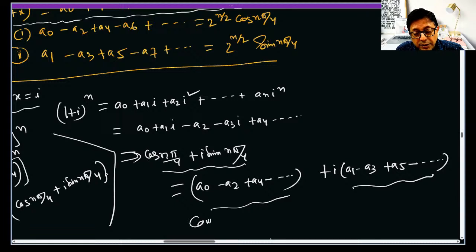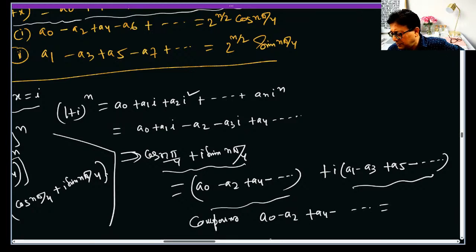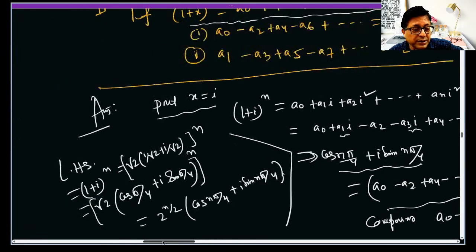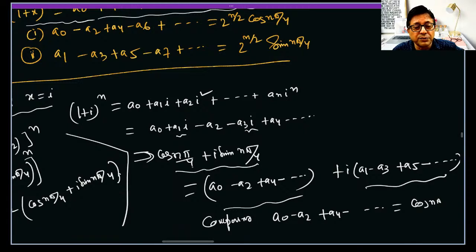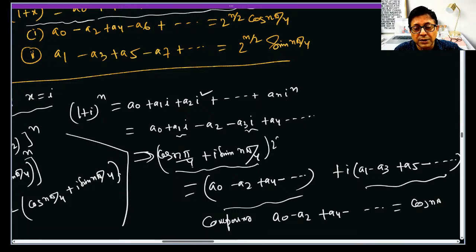Now you can compare. A0 minus A2 plus A4 minus this thing. Yes. No, I have taken I common from these, and these are all free. So this thing will be, oh, 2 to the power n. I forgot to write that. Extremely sorry, because here outside it is there, 2 to the power n by 2. I forgot to write it.